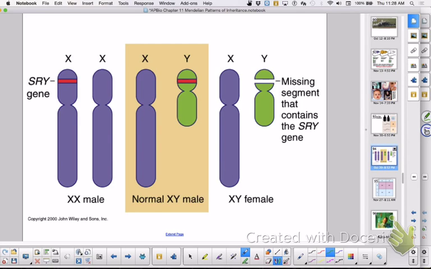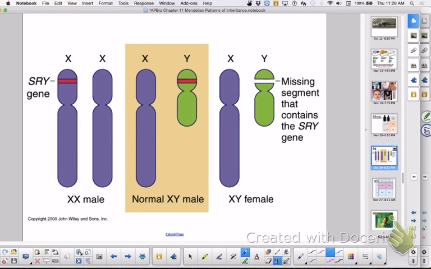Okay, could I please have the dark-shirted bio buddy explain the SRY gene? Go ahead, dark-shirted bio buddy. Oh, okay. So, like usually X and Y make a guy and XX like a girl.